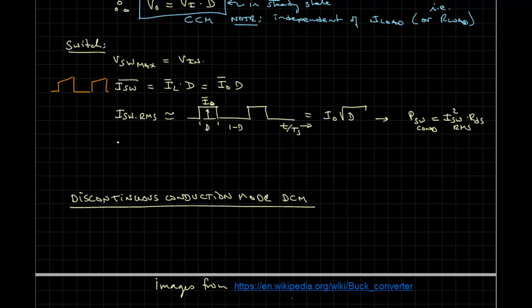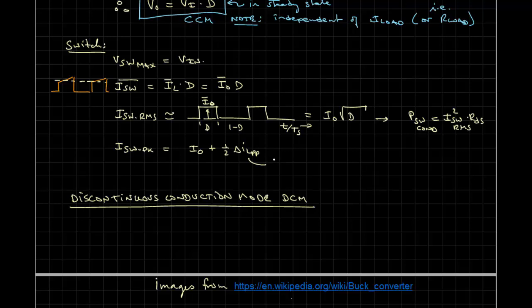You also want to know the switch peak current, because that would tell you, for instance, if you were dealing with really high currents, whether or not the peak current is more than what your switch can handle. Usually that's not the case. But the peak current here would be I_L or I_O, the average output current, plus 1/2 of the inductor peak-to-peak current.